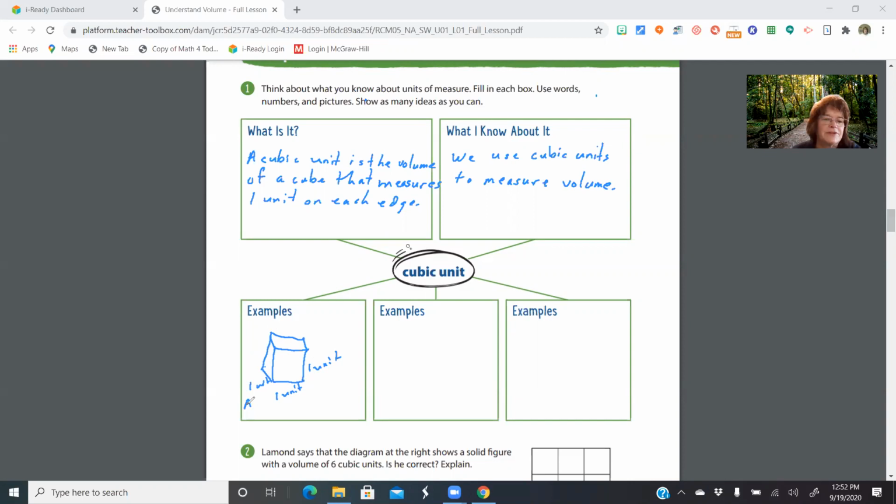So we could say a solid unit cube has a volume of 1 cubic unit.